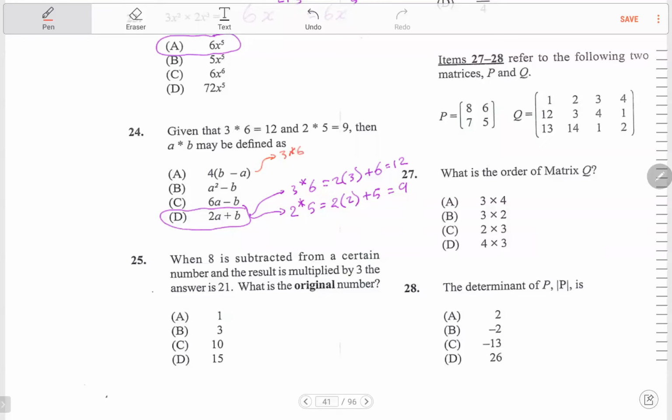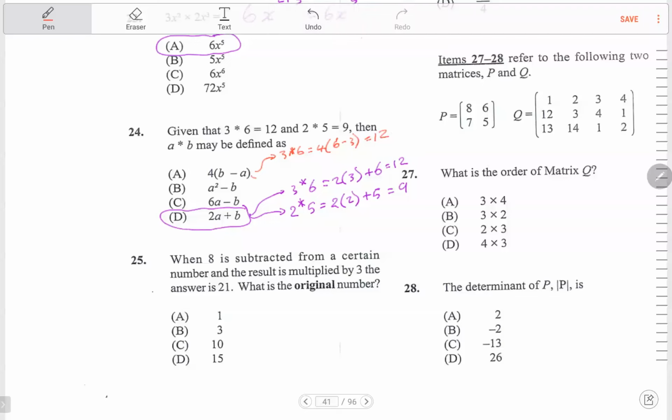It will be 4 times B minus A now, so the second value minus the first value. The second value would be 6, minus the first value of 3. That will be 4 times 3, because inside we work out the 3. 4 times 3 is 12, so this will be 12.